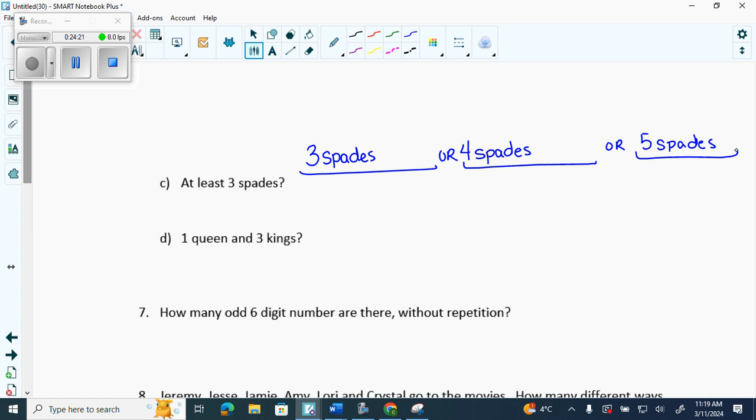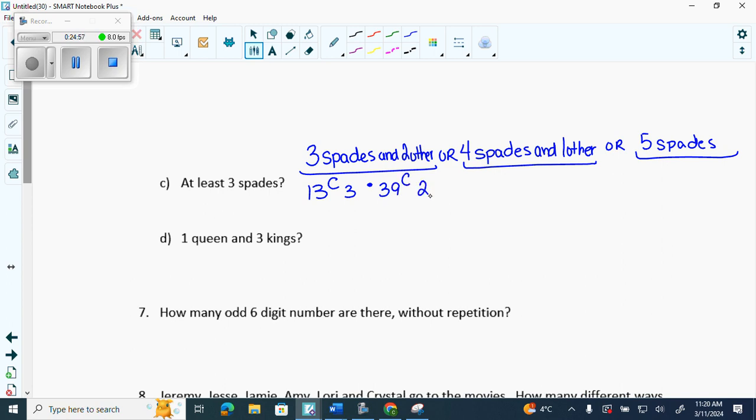So there's 3 spades and 2 other, or 4 spades and 1 other. How many spades are there? 13. So I'm going to go 13C3 and not spades. If there's 13 spades and there's 52 cards, how many are not spades? 39C2.